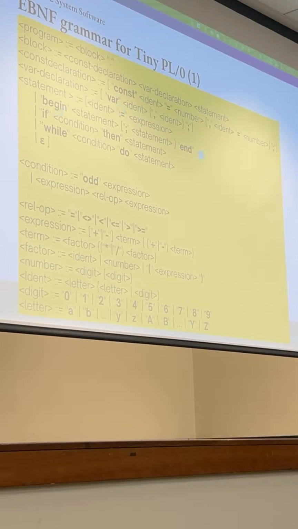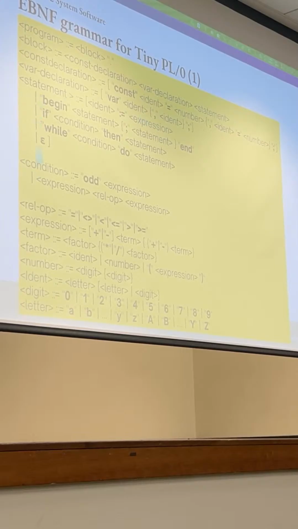Then we come into statement. A statement can be an assignment statement. The assignment statement we're talking about is an identifier, the becomes symbol, that colon equal, and an expression. So that is one statement. But we could have more options.